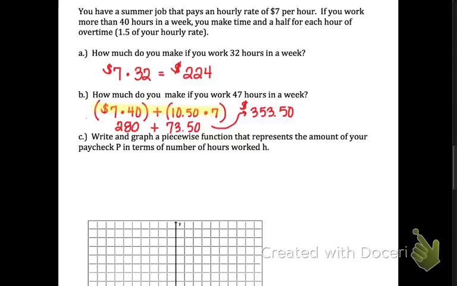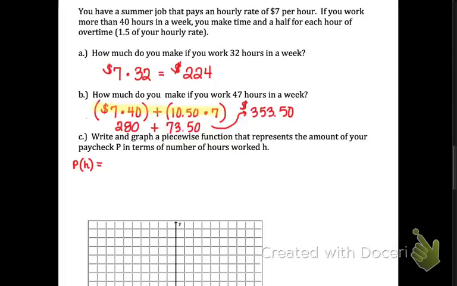Okay? So we want to write a piecewise function, and they've kind of given us some rules about what we're supposed to call stuff. So we want to write our paycheck P in terms of the number of hours worked. To write this using function notation, whoops, I'm using a highlighter, we would say that we want P of H. That means we want the value for the number of hours gives us the paycheck.